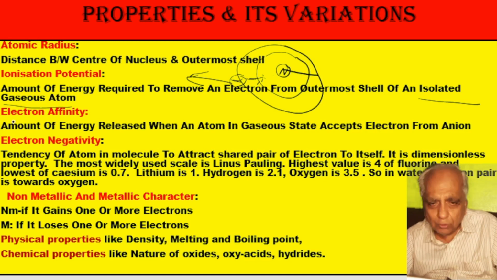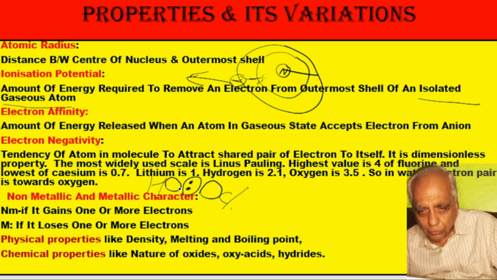See, suppose this is hydrogen, this is chlorine. H has given one electron because these are covalent bonds. H has given one electron, chlorine has given one electron. So this pair is common to both H and Cl. It is rotating around H, it is also rotating about Cl. So is it exactly at the center?